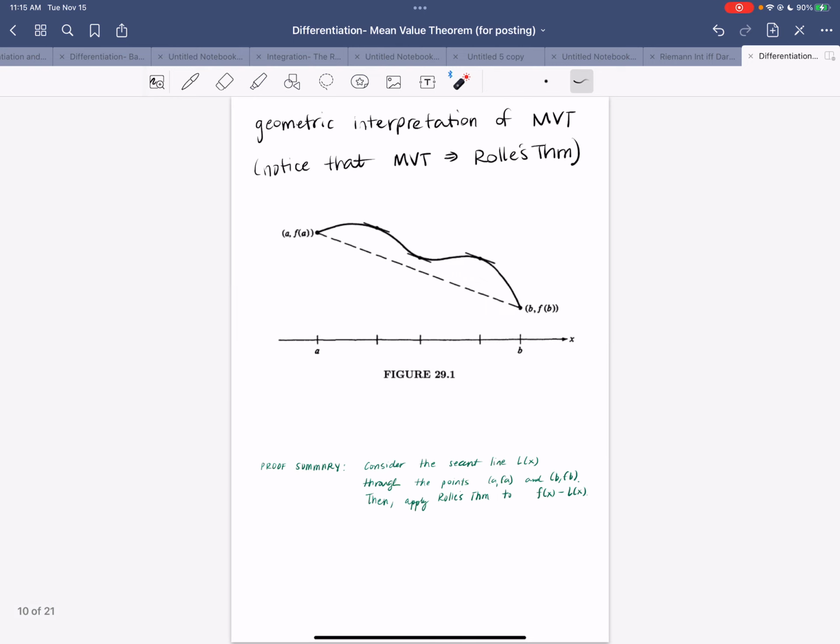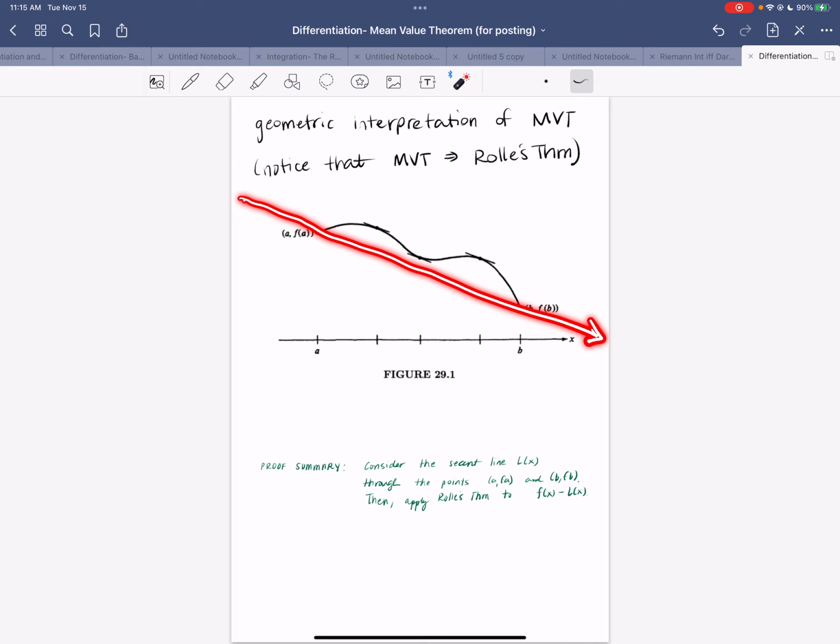This just so happens to be the slope of the secant line through the points (b, f(b)) and (a, f(a)). So if I look at the line through these points, the slope is the change in f over the change in x: (f(b) - f(a)) / (b - a).